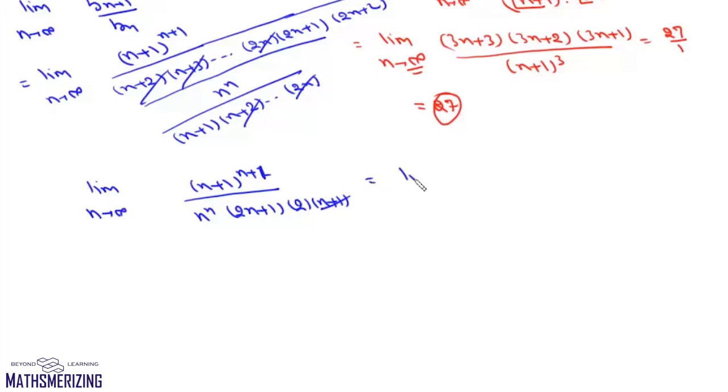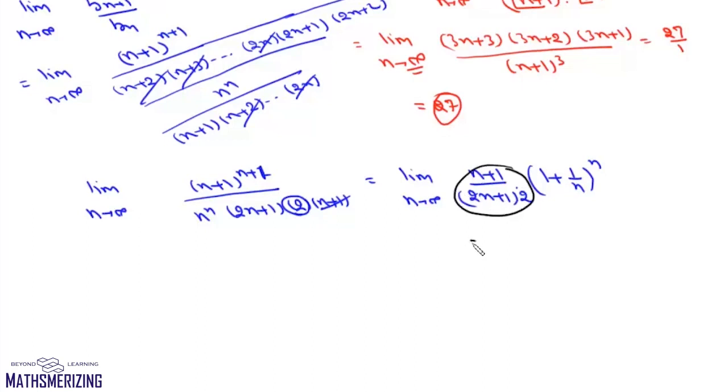Now we can also write this as the limit as n tends to infinity of n plus 1 upon 2n plus 1 into 1 plus 1 upon n to the power n, and we also have this 2 here. Now we take this limit, this part will be simply 1 by 4, and then this is a 1 to the power infinity form, and this is a standard limit, its value is e. So the limit of the sequence will be simply e by 4.